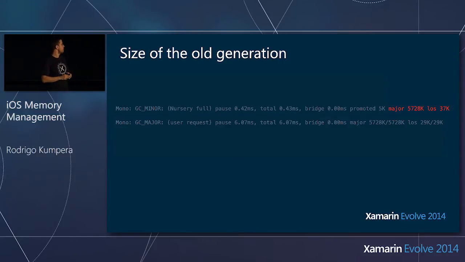Now we have the size of the old generation. We have major and LOS. LOS stands for large object space, and it's where the big objects go. We don't create the big objects in the nursery. If you create something that is over 8,000 bytes, it will go straight to the large object space.